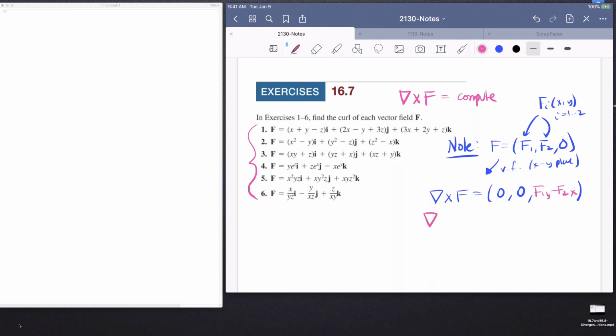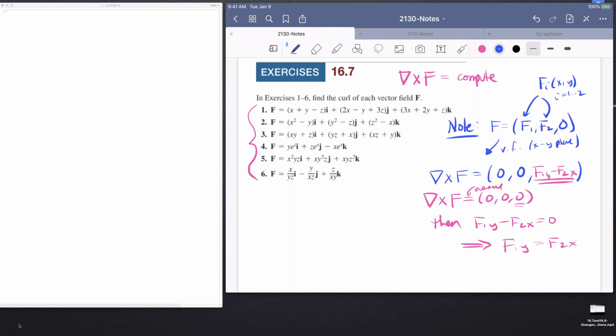For example, if you assume that the curl comes out to be the 0 vector, then one thing you can conclude is that f1y minus f2x is equal to 0, which is the same thing as f1y equal to f2x. And it was this particular combination of derivatives, f1y being equal to f2x, that was our test for whether or not the vector field f is conservative.